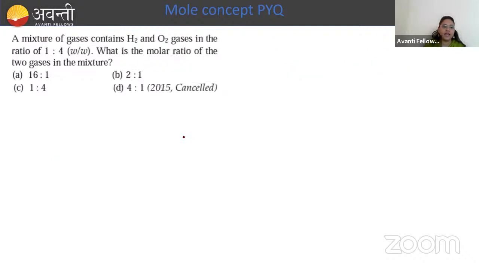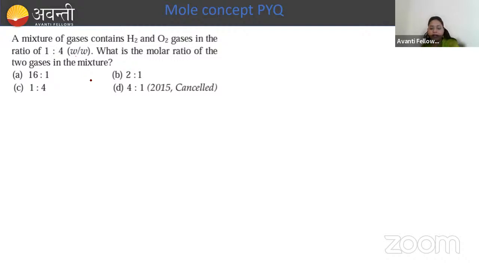Okay, next. A mixture of gases contains H2 and O2 gases in the ratio 1:4, weight by weight percentage. What is the molar ratio of the two gases in the mixture? So here we need to find out the number of moles of H2 as well as the number of moles of O2. Then we can find the molar ratio of the two gases in the mixture.